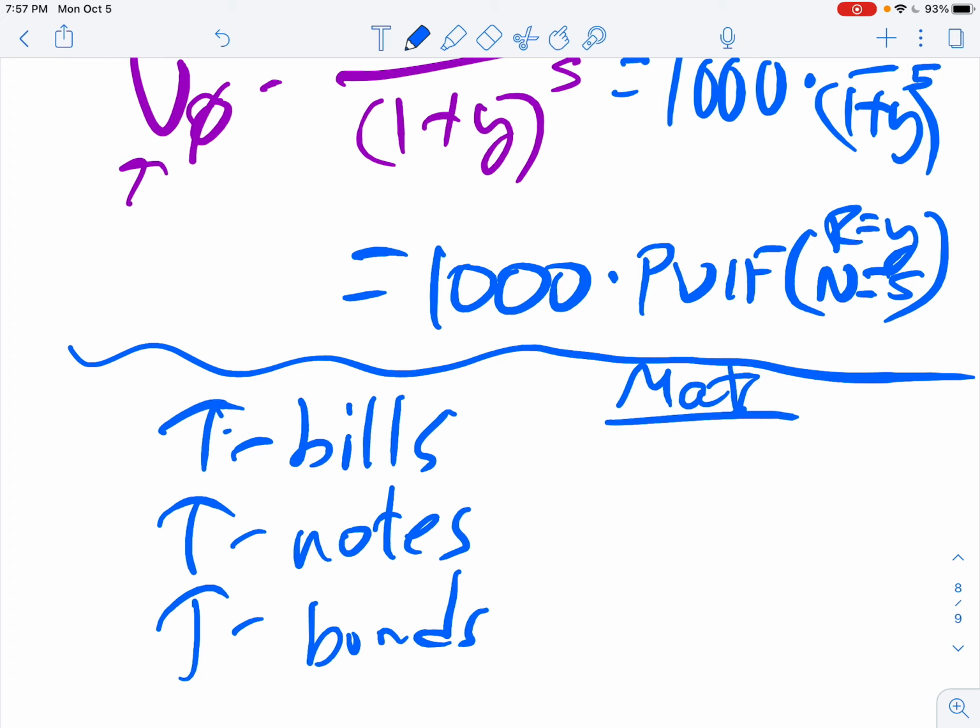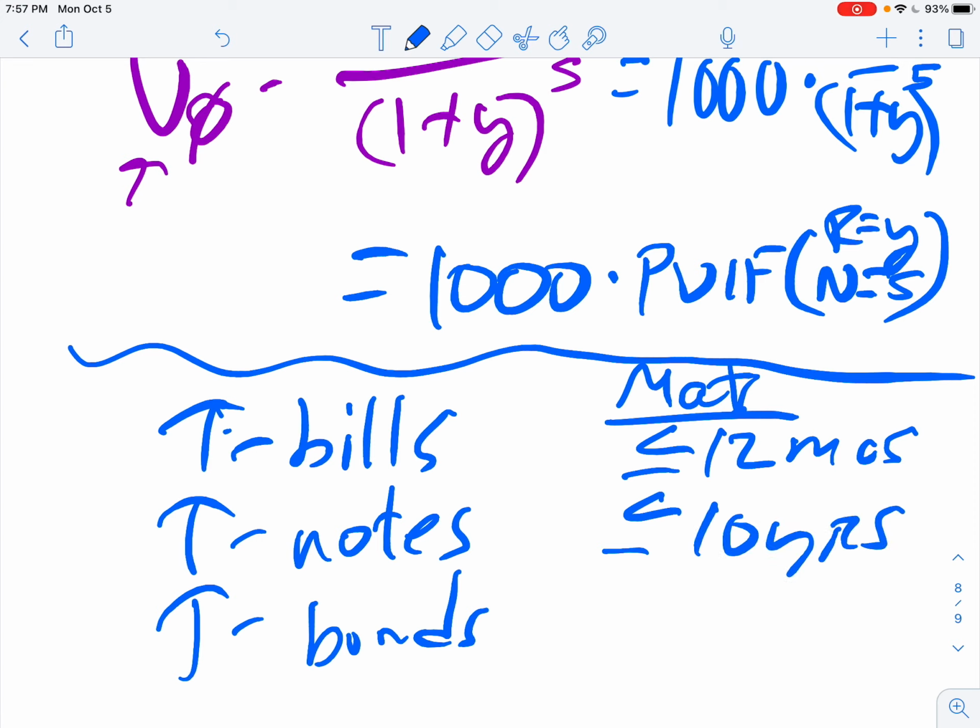Treasury bills have maturities of less than or equal to 12 months. Treasury notes generally less than or equal to 10 years. And Treasury bonds greater than 10 years. Now you might find someone that wants to call a 10-year Treasury security a Treasury bond. Perfectly fine. It kind of means nothing.